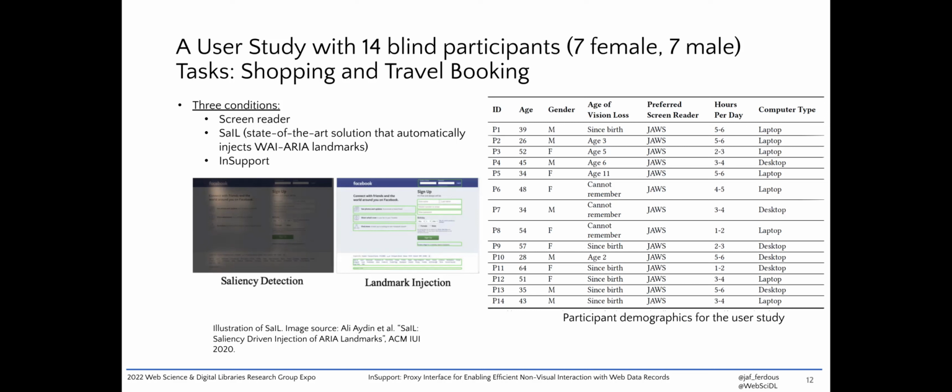And the second task was to locate a desirable data record on a shopping website based on the participant's own personal preferences. The participants did these tasks under 3 conditions. First, using a screen reader only. Second, using a state-of-the-art navigation assistance tool called SAIL. And finally, using our browser extension called InSupport.